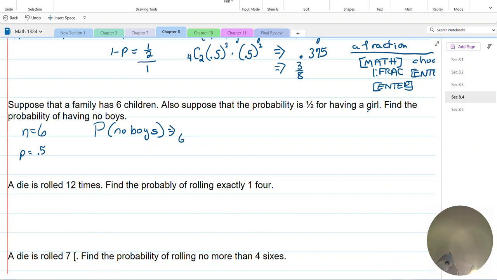And we have n is 6, and actually I'm choosing 6. Let's do 6 girls because we're talking girls. Girls first. And that's very important how they state the problem. So we're saying 6 choose 6, and we want the half to the 6, and then the half for the boys to the 0.